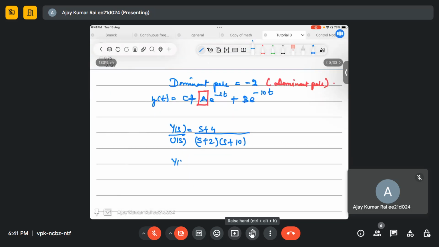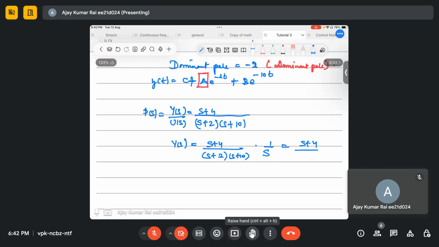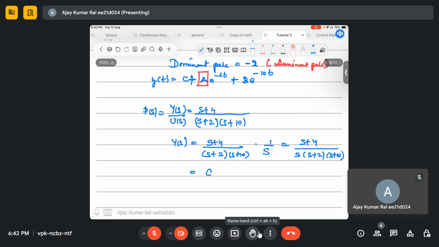If you multiply by u of s, directly writing 1 by s here, it is equal to s plus 4 over s into s plus 2 into s plus 10. Which will be c by s plus a by s plus 2 plus b by s plus 10.